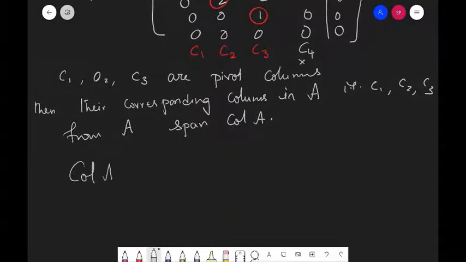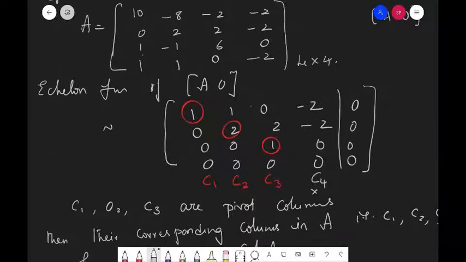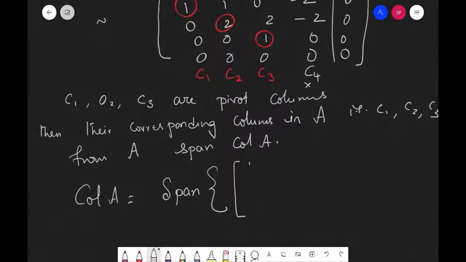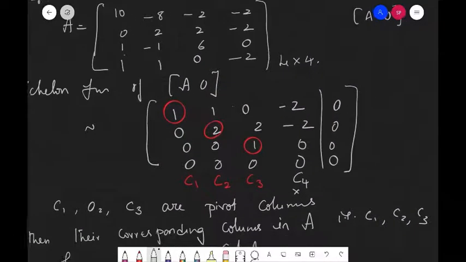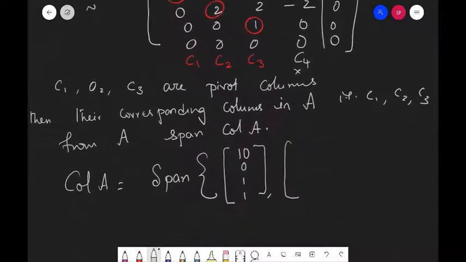What do you mean by that? Column space of A is equal to span of the vectors. What are the vectors here? The first column in matrix A is 10, 0, 1, 1. And then the second column, minus 8, 2, minus 1, 1.